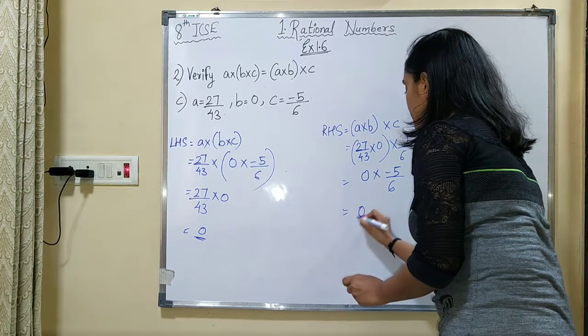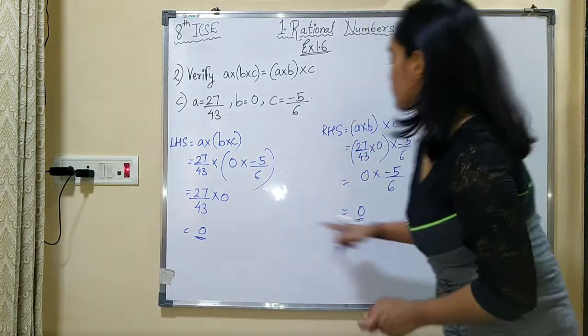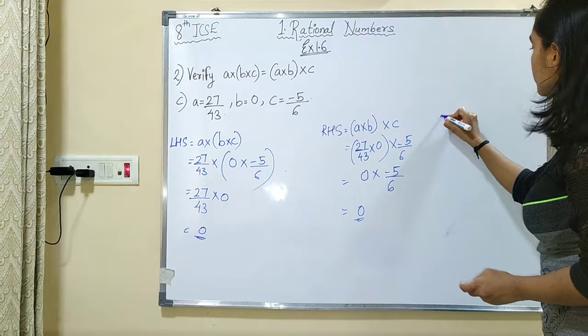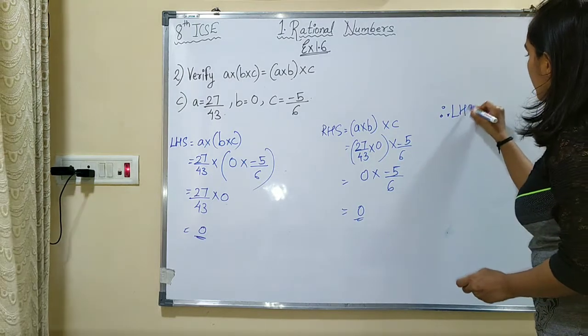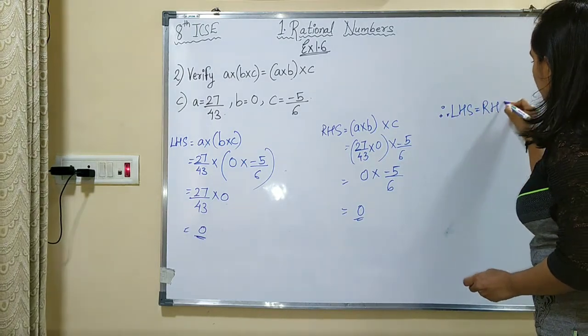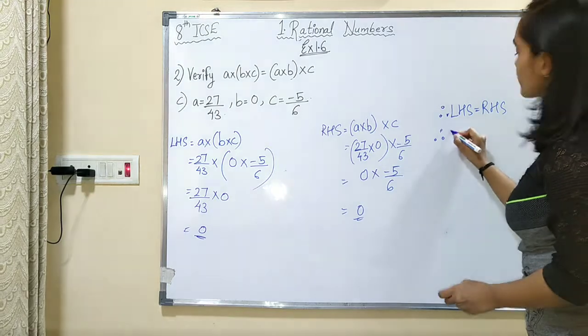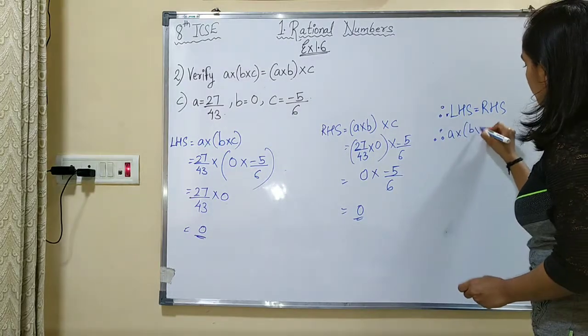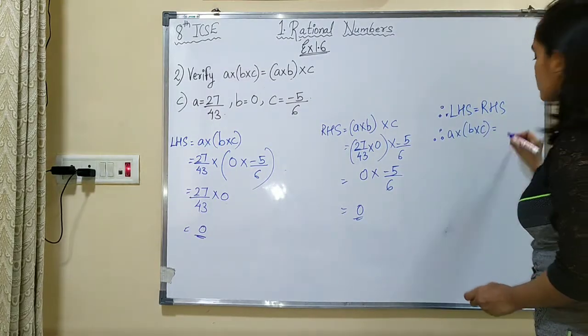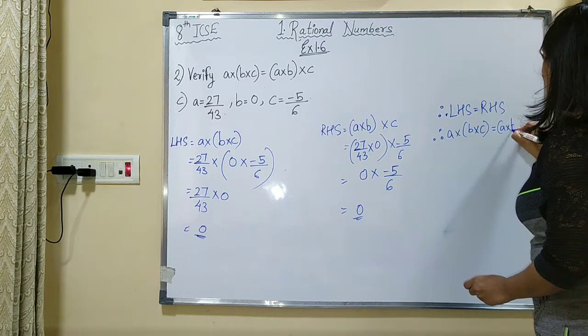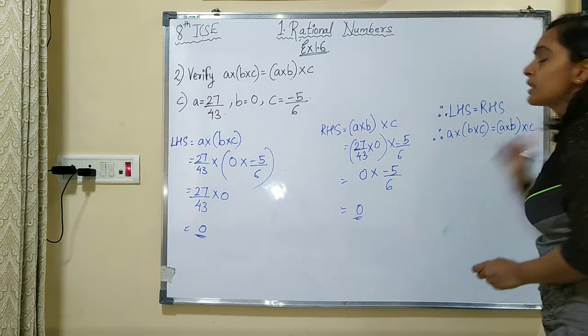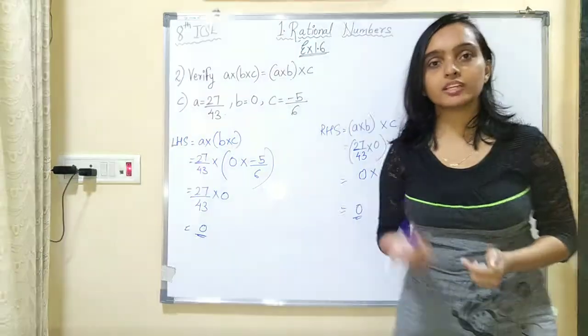So again you will get here 0. So that is LHS equals RHS. Therefore you will conclude LHS equals RHS. Hence a multiplied by b, multiplied by c equals a multiplied by b multiplied by c. That is, your associative property is verified here.